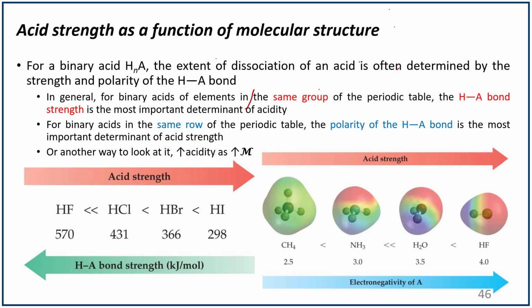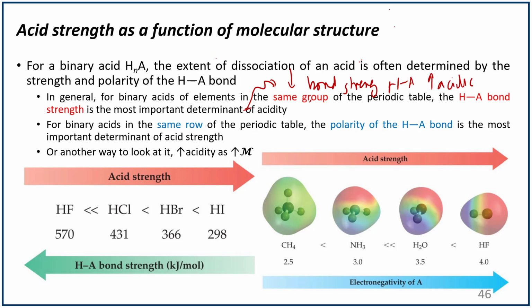So let's actually write that down. For binary acids of the same group, the lower the bond strength is between H and A, the more acidic the binary acid is.